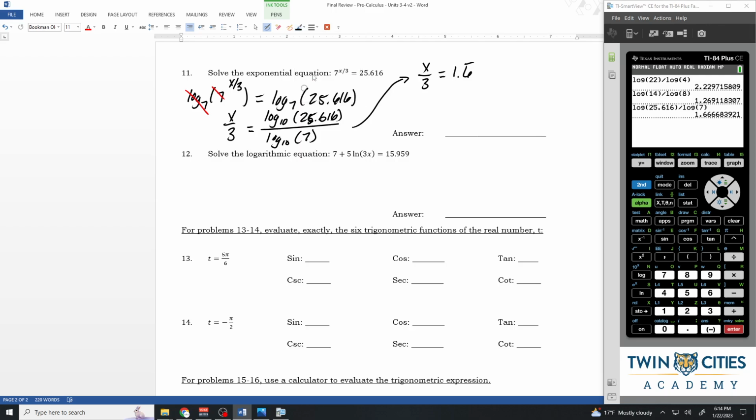Now, to solve for x, I'm going to multiply both sides by 3. So I'll get x is equal to, just multiply this by 3, 5.0000, well, that's close enough to 5. We'll say x is 5.